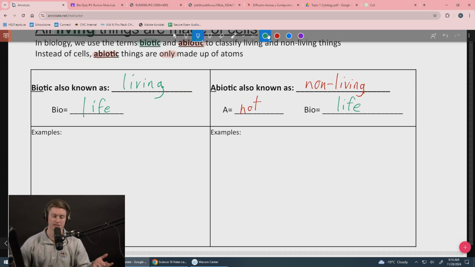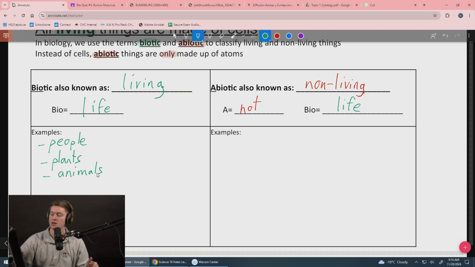So you can think of lots of examples of living things. People are living. Plants are living. All sorts of animals. You could put examples of different animals there, like birds or whales or dogs, insects. But there's also some very small living things, like bacteria are living.